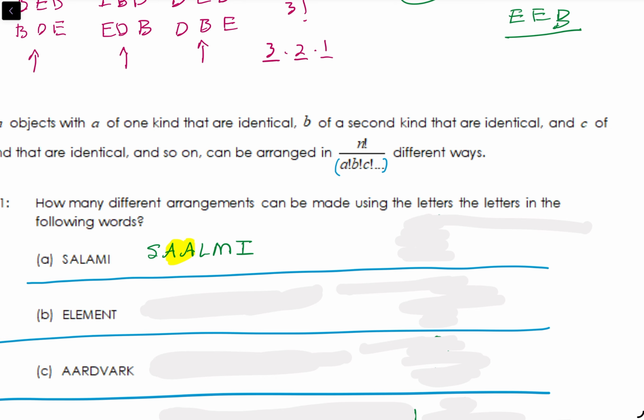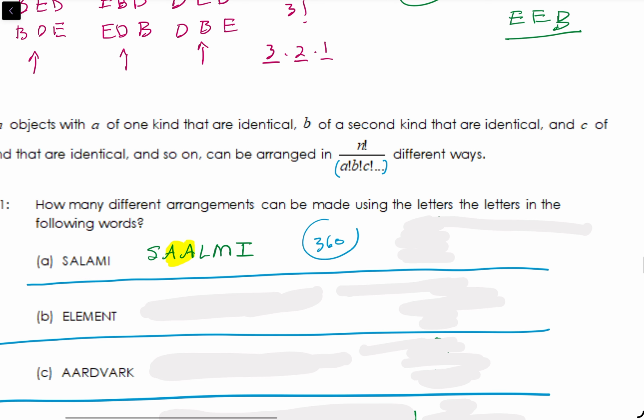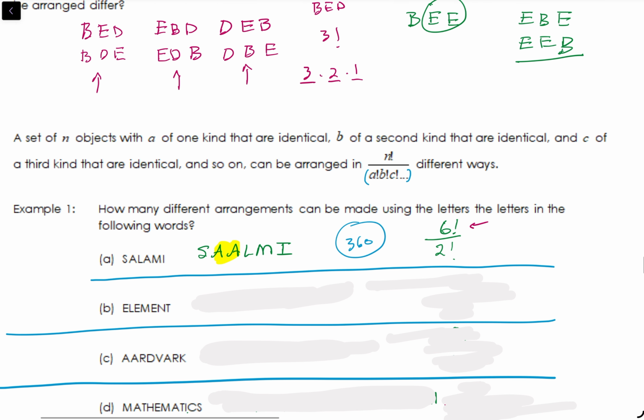Well, there's going to be 360 ways. Maybe you want to ask why, and that would be a fair question. It's simply because in the numerator we have 6 objects. In total, salami has 6 letters. In the bottom, this represents the 2 A's, so it's 2 factorial that we have to divide by.